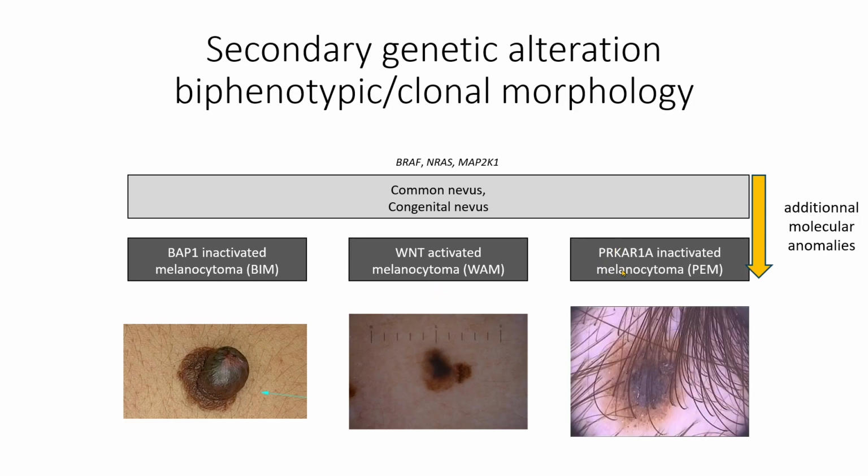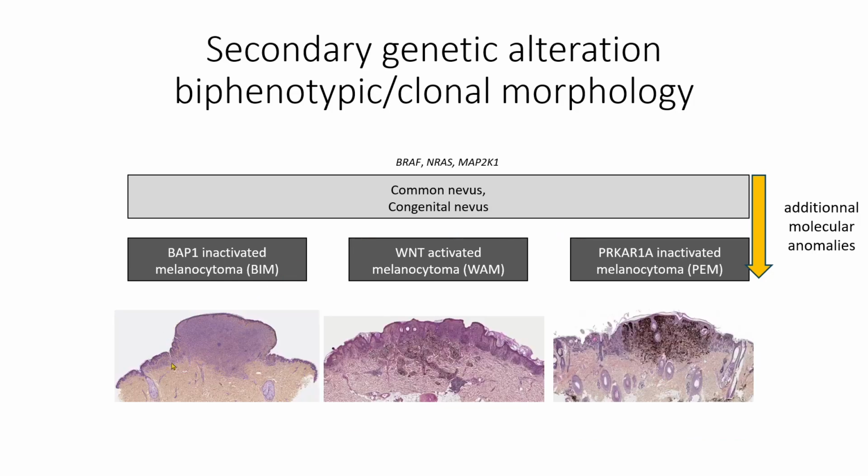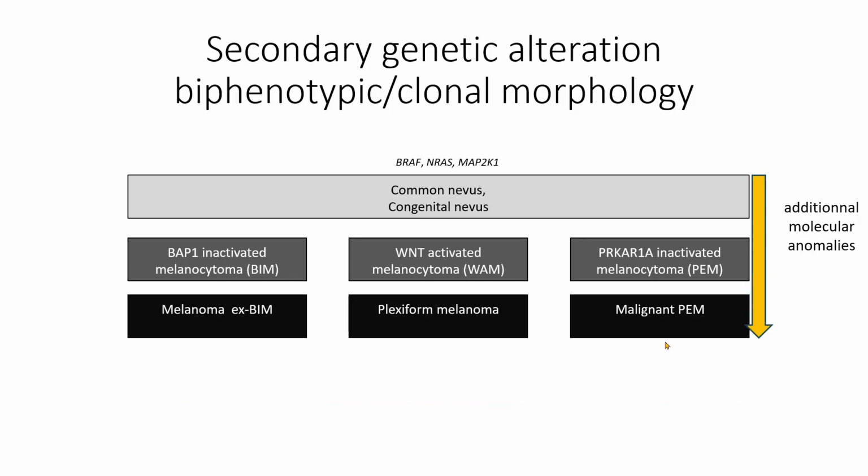And we have pigmented epithelioid melanocytoma that appears through the inactivation of the gene PRKAR1A, and would give rise to, again, a hyperpigmented area within a nevus. So we have three different types of morphology. They are not all the same. And again, this is described in the book.